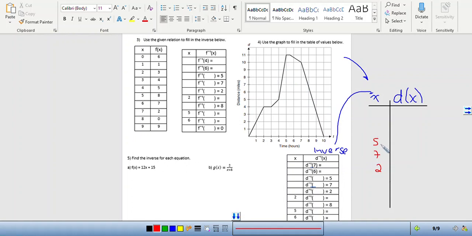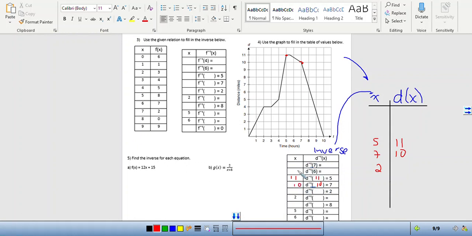So if my input is 5, the output, it's 11. If my input is 7, the output is 10. So now I can go back and fill this in. Right? So the number is 5, so this must be 11. Just reversing the order. We're just doing a flip. So this must be 10.